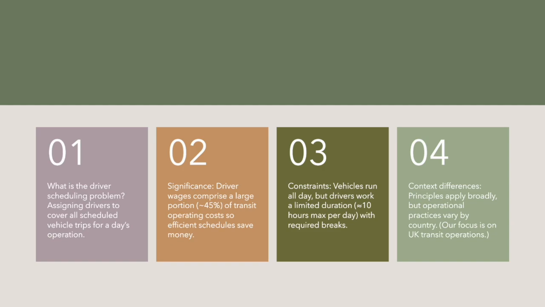In the UK's big metropolitan bus operations, official accounts show that driver wages hover at 40 to 45% of operating expenditure. At National Express West Midlands, for instance, the 2023 accounts list about 203 million British pounds in staff costs out of 465 million.